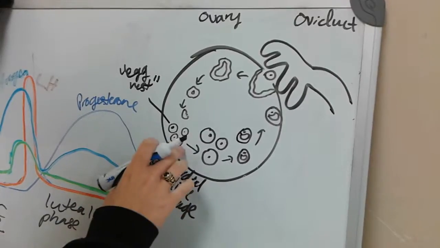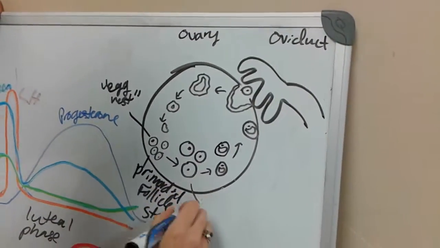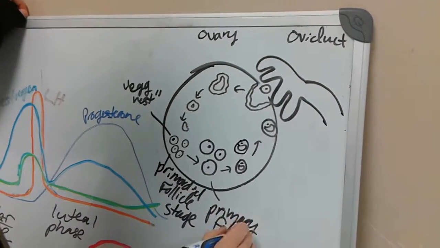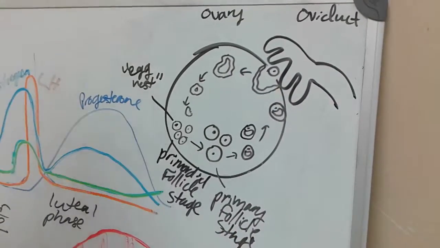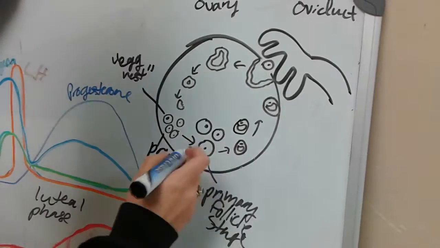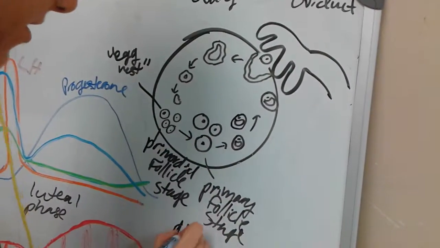So what happens is a group of these is selected, and it goes on to the primary follicle stage. Now in this stage, you have the development of the granulosa and the thecal cells. The granulosa cells, so this is the oocyte. You have the granulosa, which is inner. I'm going to write this down.